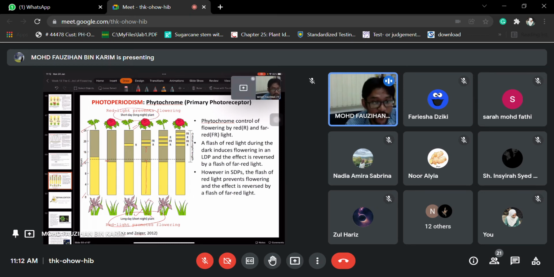Right, the far red light is nevertheless, okay, promotes flowerings in the short day plants, but will prevent the flowerings in the long day plants. Okay.